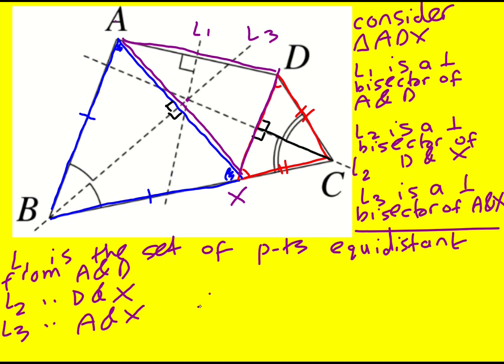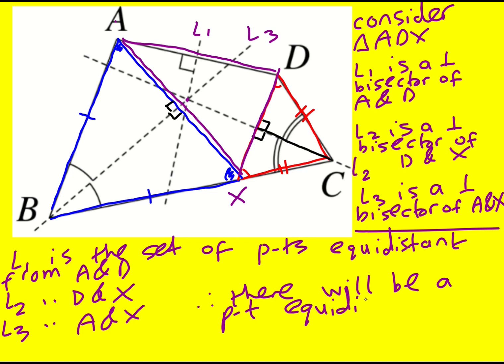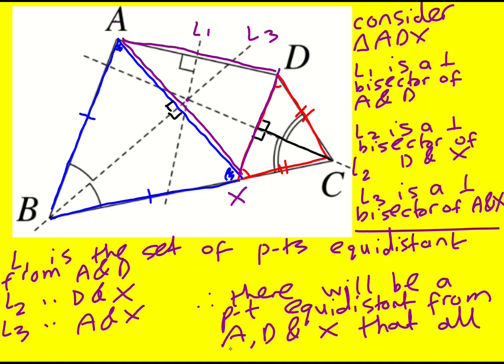And therefore, there will be a point equidistant from A, D, and X that all the perpendicular bisectors go through.